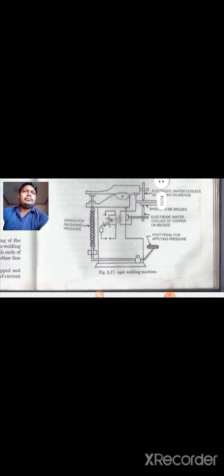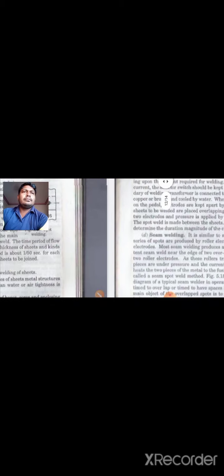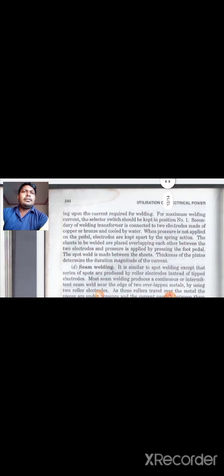Depending upon the current required for welding, for maximum welding current, the selector switch should be kept at position number 1. There is a selection of positions, so you can select one or two. For selecting the maximum current, you have to keep it in position number 1.